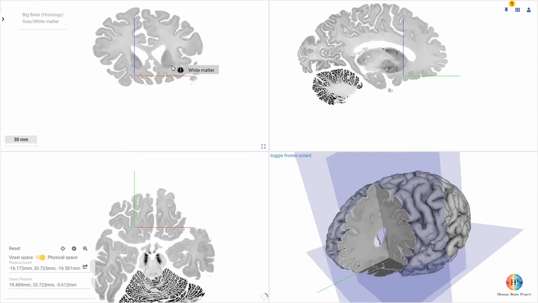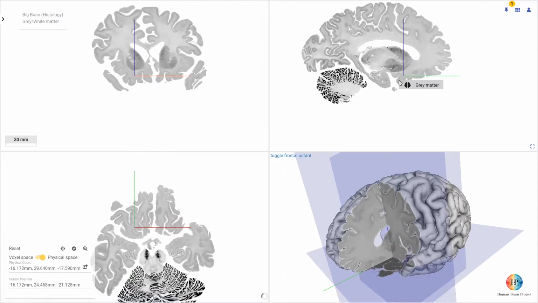We'll see why it's called the striped body later on, but as cut here, it's not yet striped, it's purely gray matter. This gray matter, which forms the lateral wall of this frontal horn, is known as the caudate nucleus.